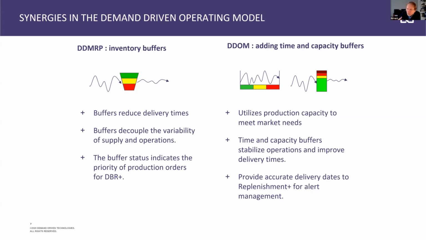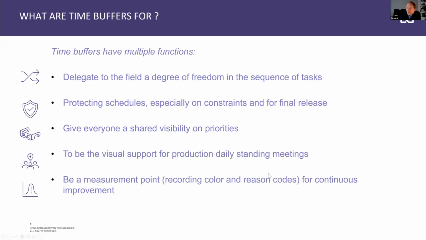You organize queues and monitor their status with red, yellow, green positions ahead of some critical operations within your flow, or just before the shipping point to your end customers, for instance. And we also monitor capacity buffers. We look at our resources and identify the ones that are constraints and the ones that have some slack capacity, and we monitor this slack capacity to make sure we do not have moving constraints within our operations.